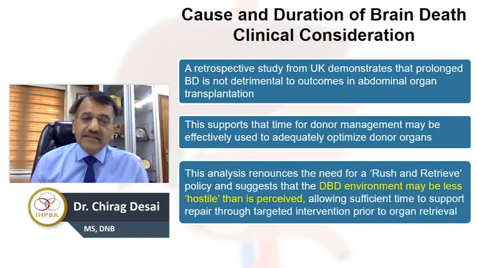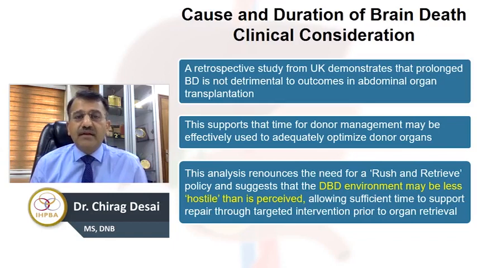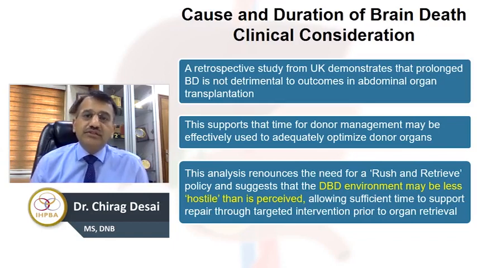Similarly, this analysis suggests there is no need to rush to retrieve. It is better to improve the quality of the organs and stabilize the donor, correct the sodium level, treat infection, evaluate organs properly, have enough time to prepare recipients, and then retrieve the organs. So the situation of brain death is not as hostile as it was perceived in the past.